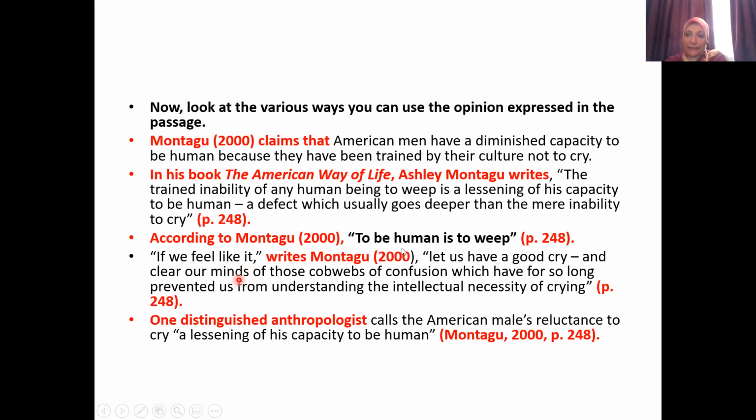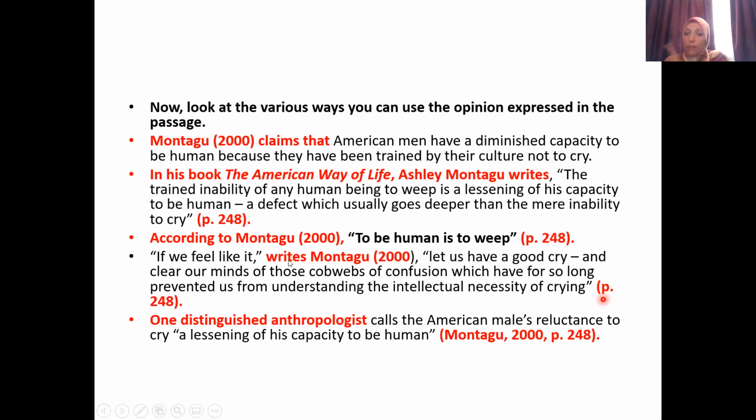Another way, or a third way, to put in-text citation at the beginning is by saying according to. So according to Montagu 2000, between brackets, year of publication, when you put according to, it's a must that you put a comma after the year of publication.